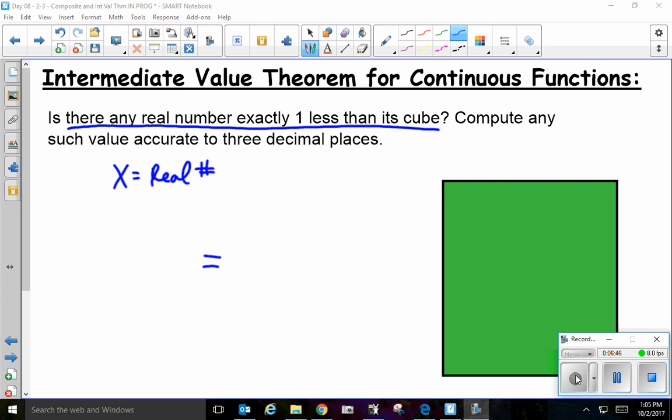Is there any real number that is exactly, that's the equal sign, this is my x, 1 less than its cube? If x is the real number, 1 less than its cube means I cube it and subtract 1. Compute any such value accurate to 3 decimal places.